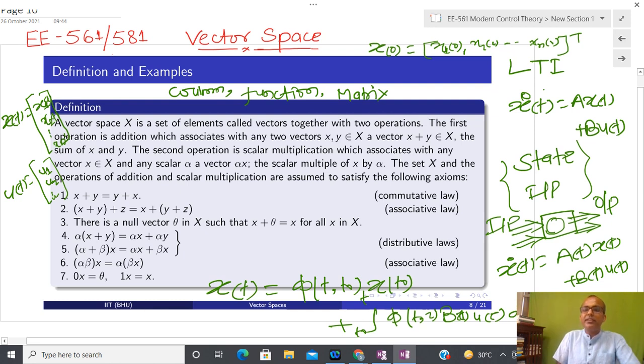This task is very difficult, because if I allow different languages or different operations for column, function, and matrix, then my hardware complexity increases a lot, and after some time I cannot make sure that the results coming out are reliable. Why? In a column vector, each entry is constant in the case of the state. Similarly, when a function comes into the picture, each entry is replaced by a function. It might be a matrix where each entry is replaced by a function, and inside a function, at some specific moment, I have information like x10, x20, and xn0.